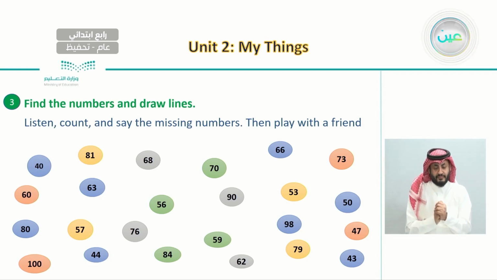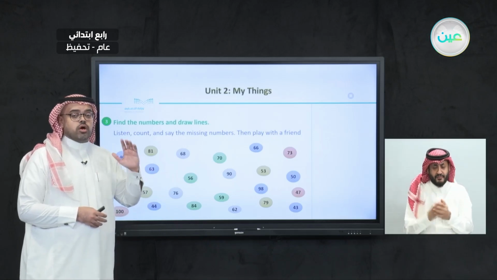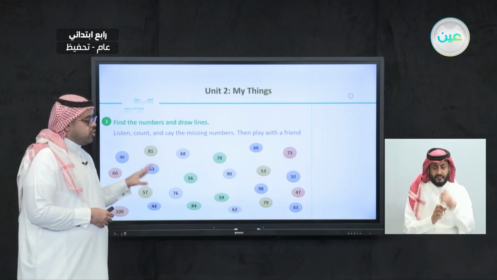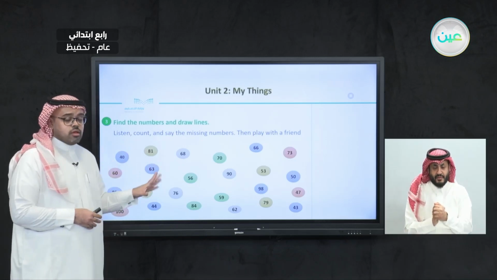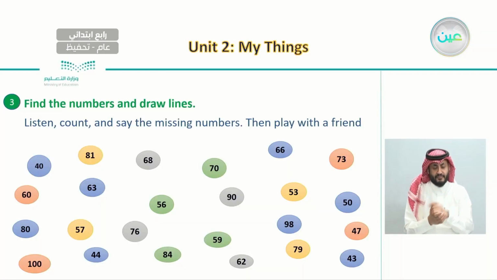And what we're going to do after reading and counting all of these numbers from 40 to 100, we will see some numbers that are missing. So what we're going to do is write these numbers between these circles until we have the whole set of numbers that starts from 40 and ends with 100.